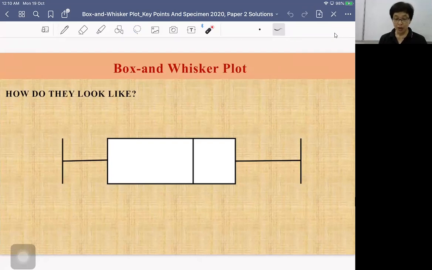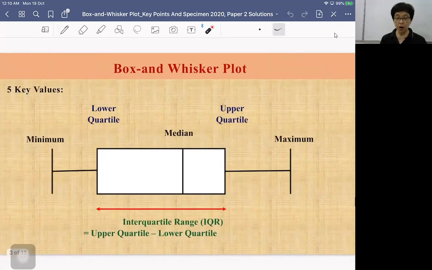Here you see, as the name says, a box, and it also has whiskers, in fact, a pair of whiskers. So now let's hop on to the main key points about the box and whisker plot.